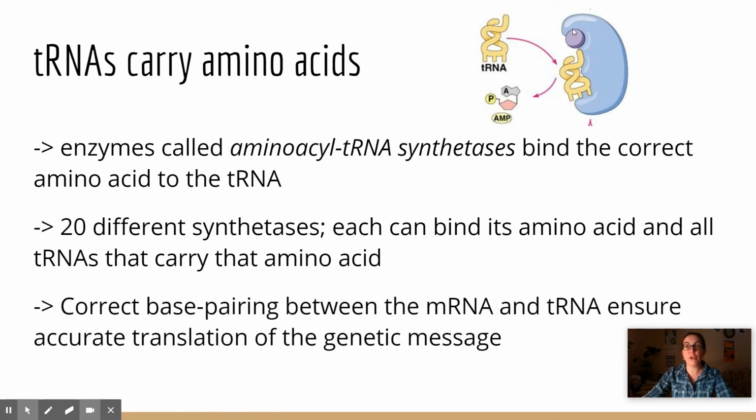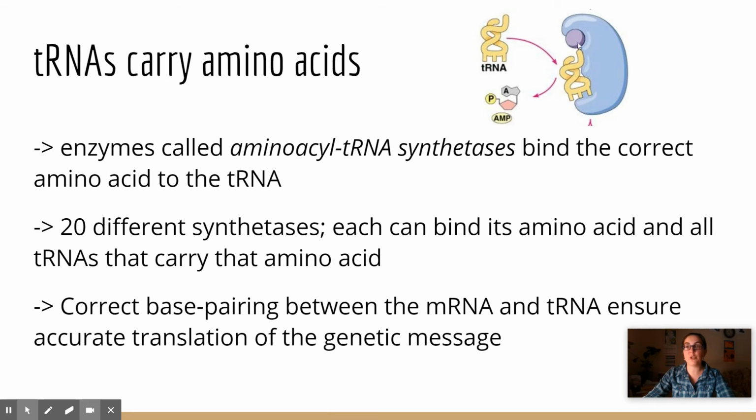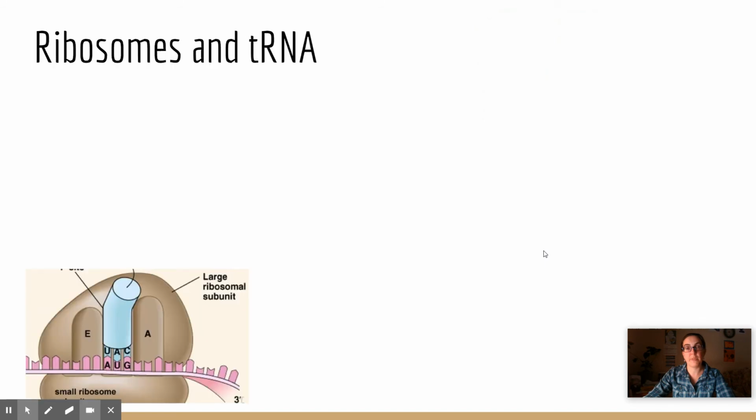This bonding also has to be correct, the matching up of the transfer RNA with the correct amino acid. This has to happen correctly along with the anticodon bonding with the codon on the messenger RNA to ensure accurate translation of that genetic message. So from the messenger to the transfer RNA and from the transfer RNA to the amino acid, both need to be correct.